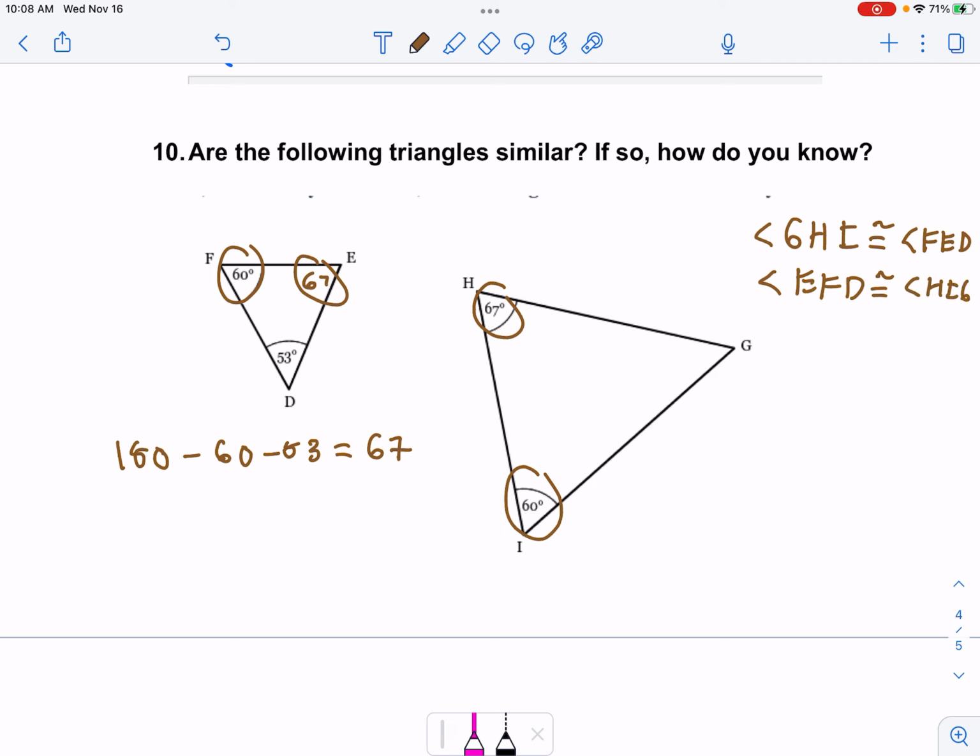That's two angles, so I know that they are similar. So I would say triangle EFD is similar to triangle HIG. I did E first, so I have to make sure I do H first because that's what corresponds to E. Okay, and so that means they're similar by angle.